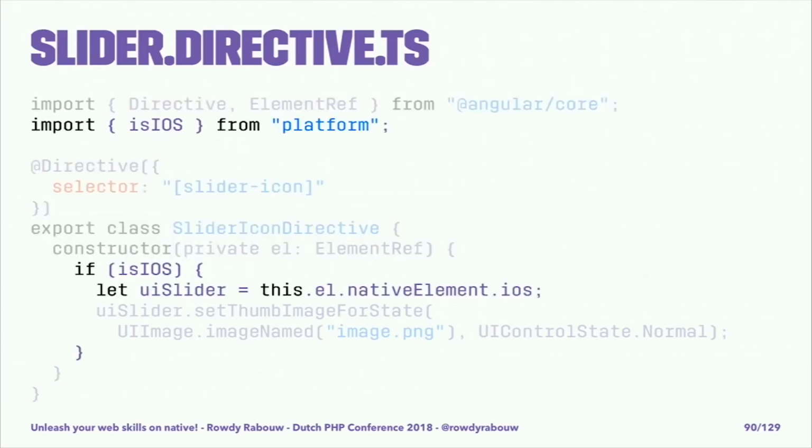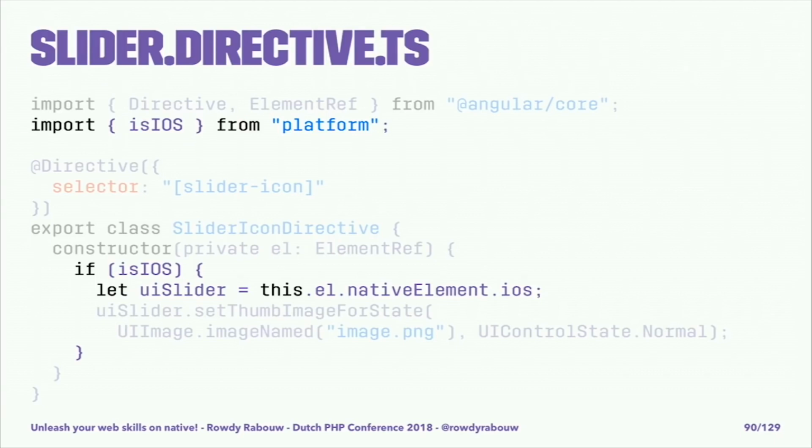Now it's getting interesting because my solution for this only works on iOS. So I import isIOS from the platform, and the platform is the device itself. And if it's iOS, then I can access that element directly using this.el.nativeElement.ios. And that .ios means that I have access to all the iOS functionality there.